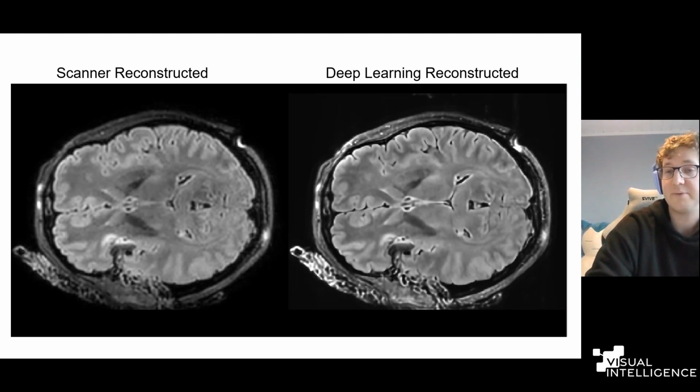It's a FLAIR sequence. You can see that the deep learning reconstruction has a smoothing effect and a noise removal effect, and has a higher signal to noise ratio in comparison to the downsampled scanner image.